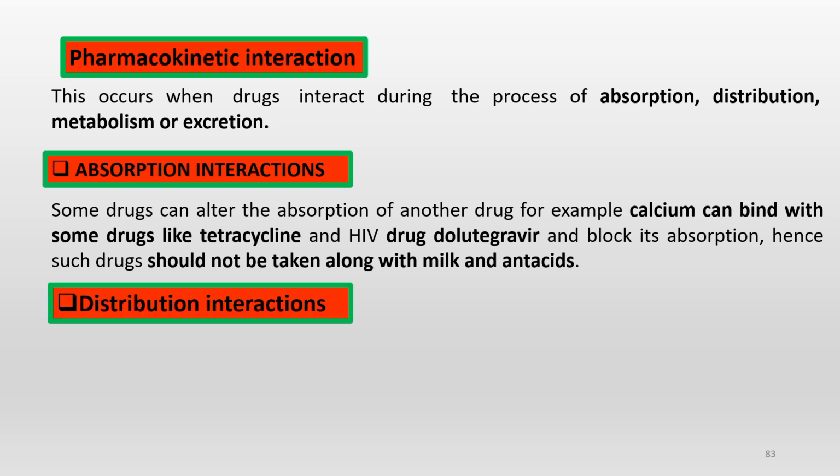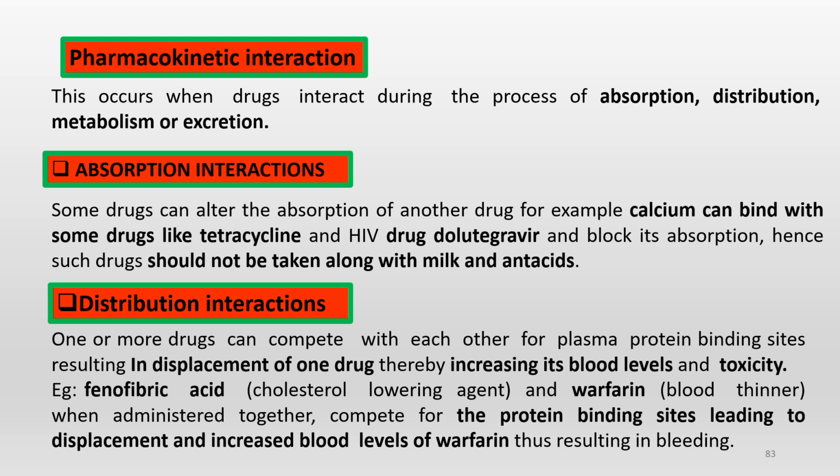Distribution interaction: one or more drugs can compete with each other for plasma protein binding sites, resulting in displacement of one drug, thereby increasing its blood level, concentration and toxicity.